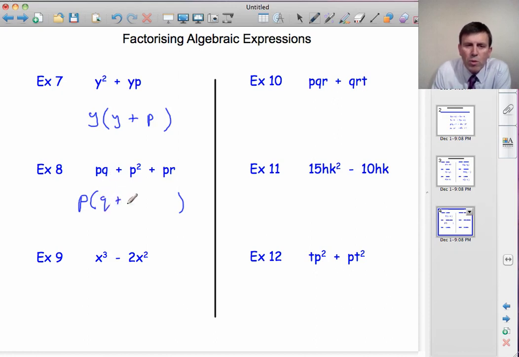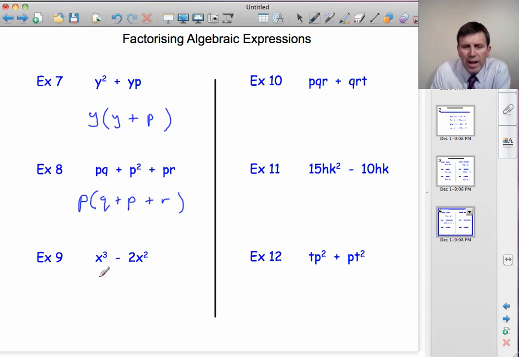Plus, what do I multiply p by to get p squared? p. p times p is p squared. Plus, what do I multiply p by to get pr? r. So the factorisation is p times q plus p plus r.